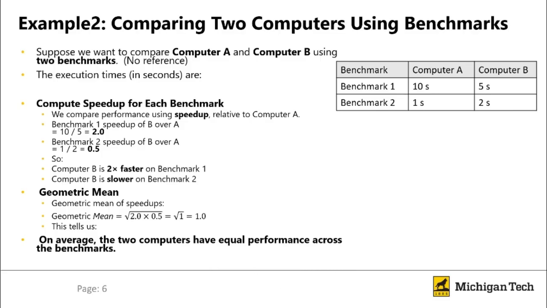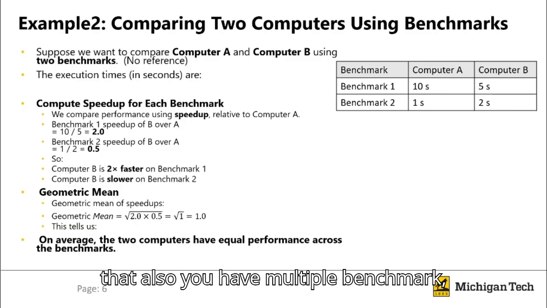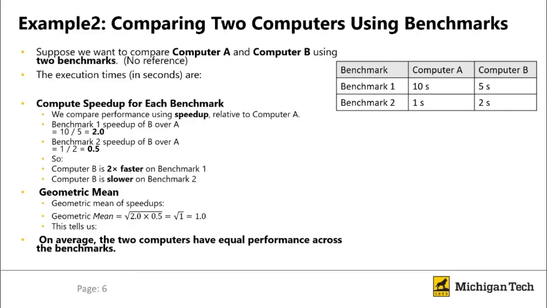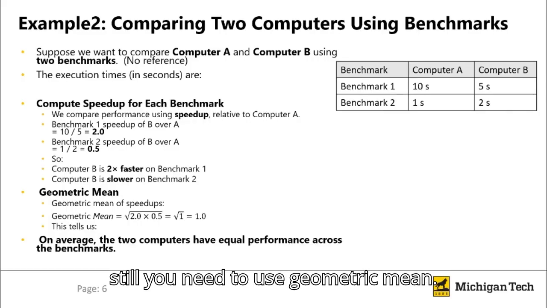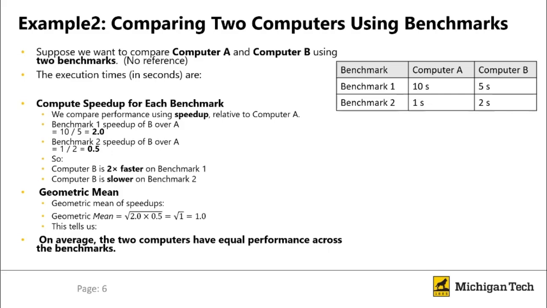As I mentioned, if there is no reference to compare two computers, and you also have multiple benchmarks, still you need to use the geometric mean. But you need to find a speedup for each case and then get the geometric mean.